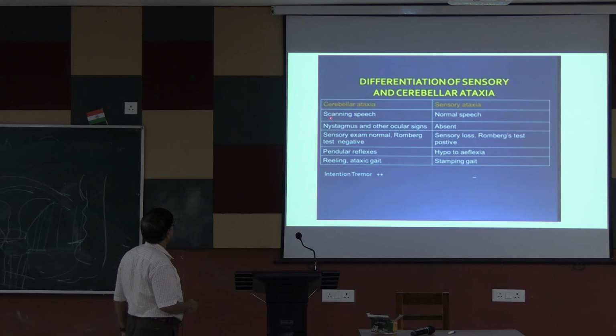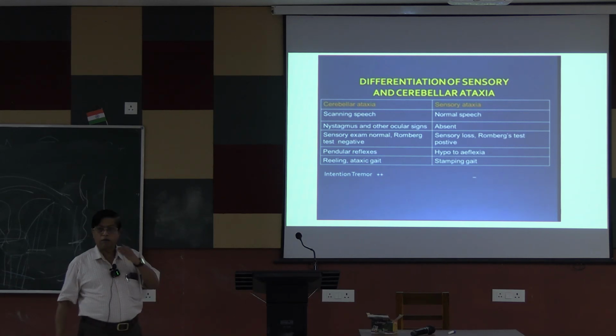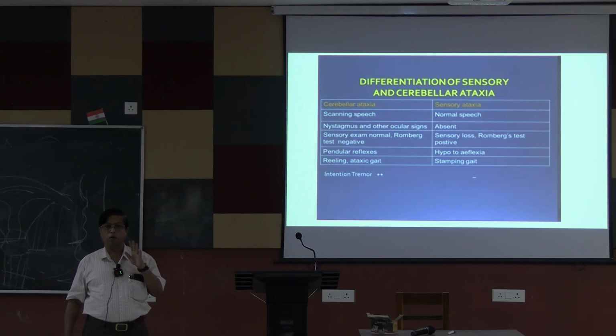So cerebellar ataxia has a scanning speech. Cerebellar disorder has scanning speech. Scanning speech is a broken speech. Like if you ask the patient to pronounce the word constitution, the patient will utter it in broken syllables: consti-tu-tion. So it is a scanning speech.